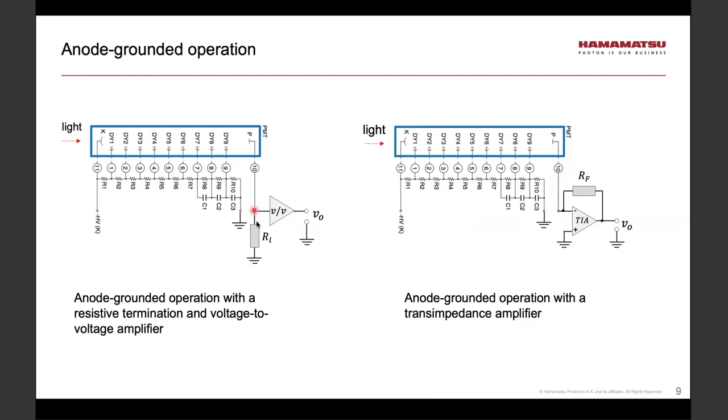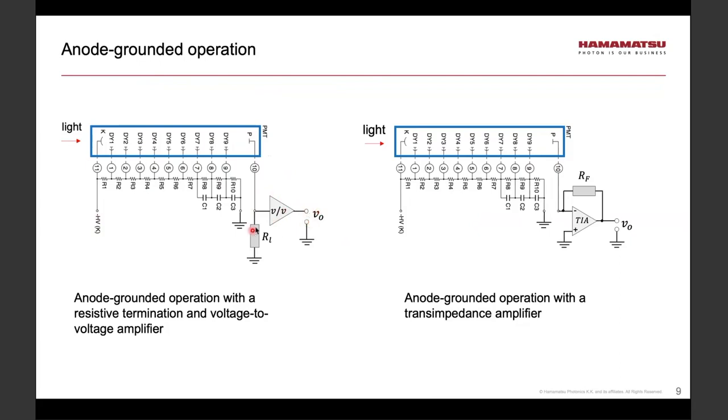In this case, not exactly at the ground because of this load resistor, but hopefully close to it. So again, the conventional current flows into the anode, and so therefore we would have some negative potential at this point using Ohm's law, at the load resistor, and that voltage then would be amplified by, say, a voltage amplifier to give us some output voltage.